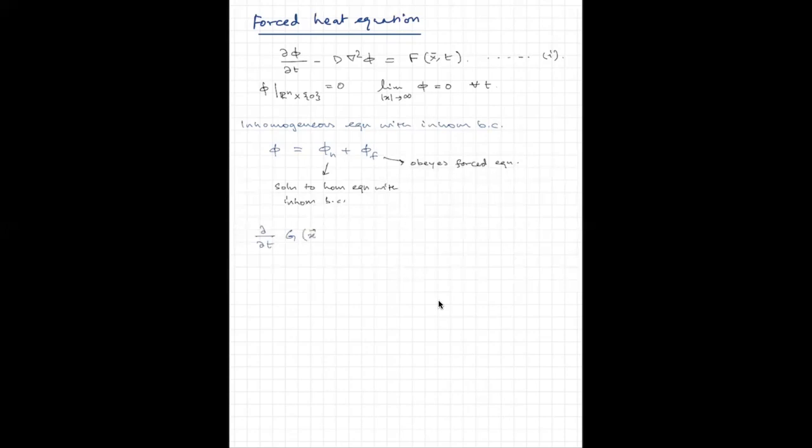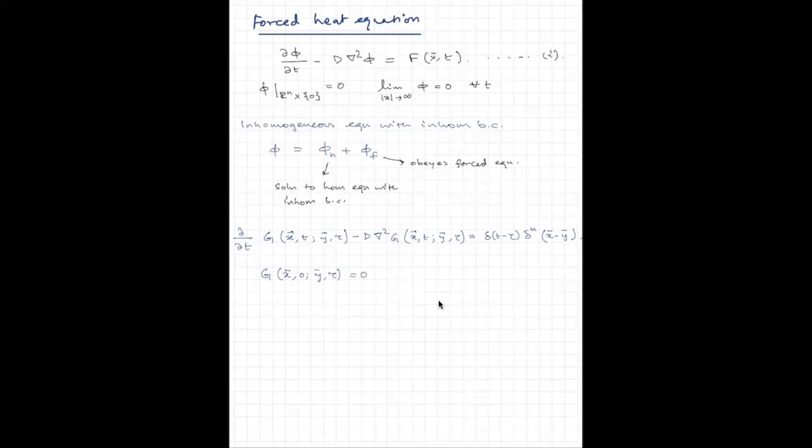This is going to be a function of x and t, and y and some tau: the time derivative of G minus d del squared G, again at x and t, y and tau, has to be equal to a delta function of t minus tau as well as a delta n of x minus y, where G of x, 0, y, tau is equal to 0 by boundary conditions.